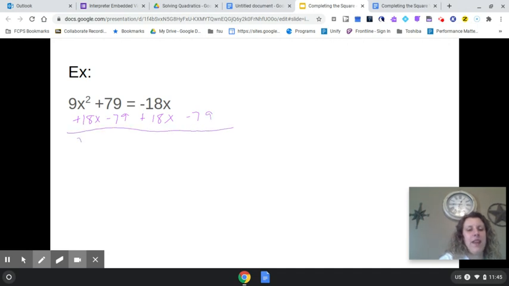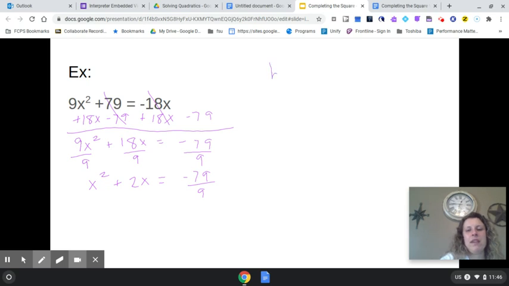So we get 9x squared plus 18x is equal to negative 79. Next step, we're going to divide by that lead coefficient. And we get x squared plus 2x equals negative 79 ninths.